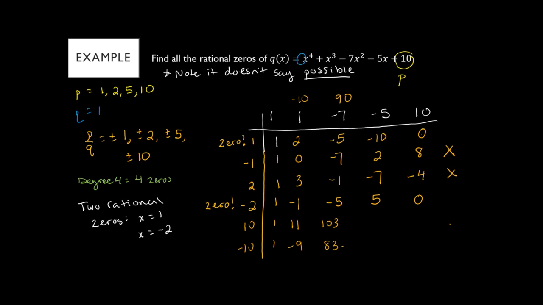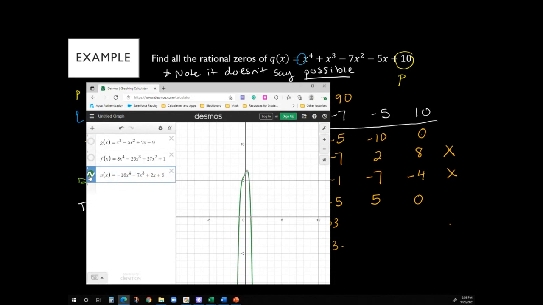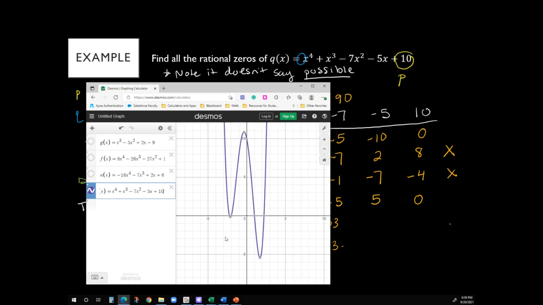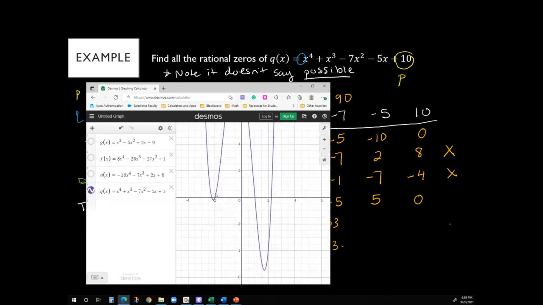So I'm going to pull up Desmos so we can look at this one. If q of x equals x to the 4th plus x cubed minus 7x squared minus 5x plus 10. Okay, I'm going to zoom in a little bit here. So we've got 4 zeros. And so these 2 right here, so we've got this one with the decimal -2.236.